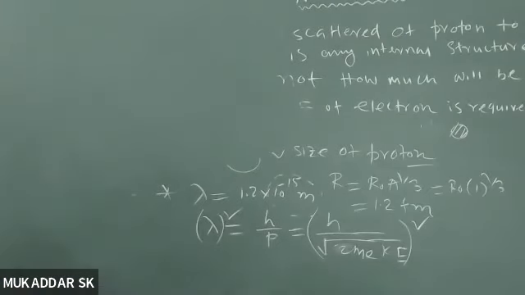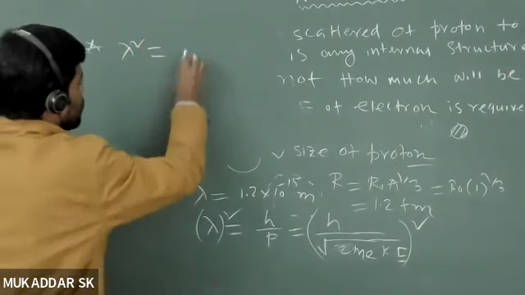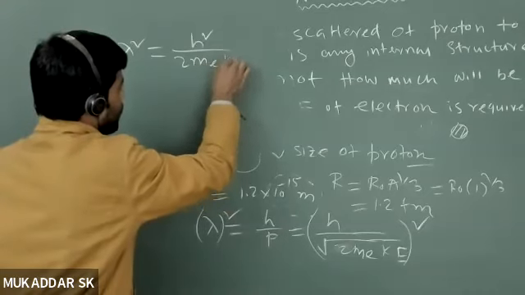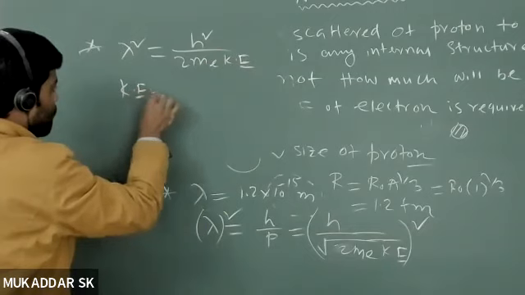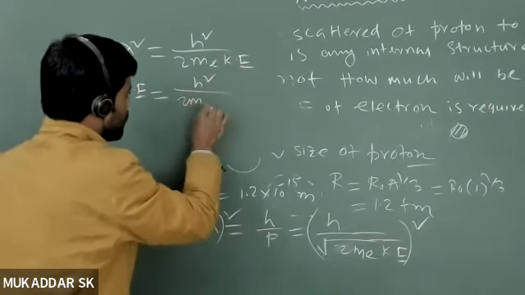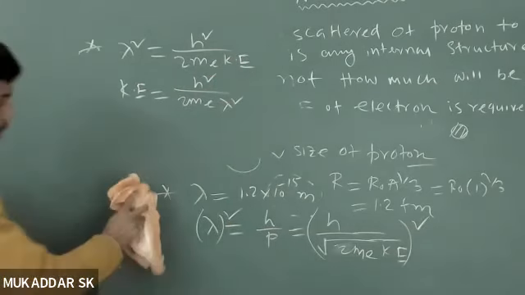Then what will happen? Tell me. Lambda square is equal to h square divided by twice mass of electron and kinetic energy of electron. So from here I'll get the kinetic energy value, and that will be how much? h square divided by twice mass of electron lambda square, right? है ना?